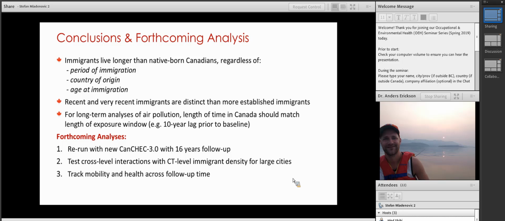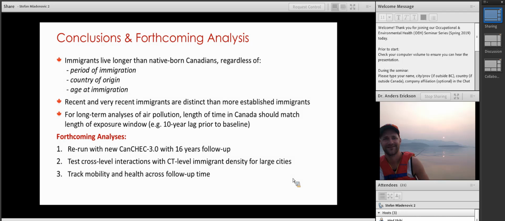So just some conclusions. Immigrants tend to live longer than native-born Canadians, and this seems to be regardless of period of immigration, country of origin, and age of immigration. The recent and very recent immigrants seem to be distinct from the more established immigrants. Based on this, as well as other criteria, for the long-term analyses of air pollution, the length of time in Canada should match the length of the exposure window.